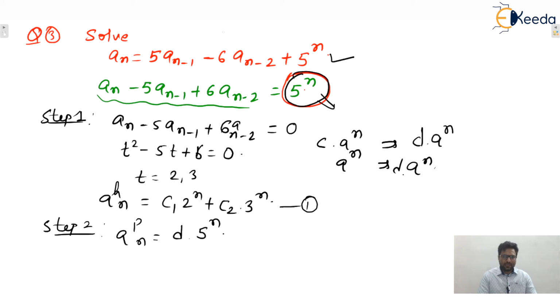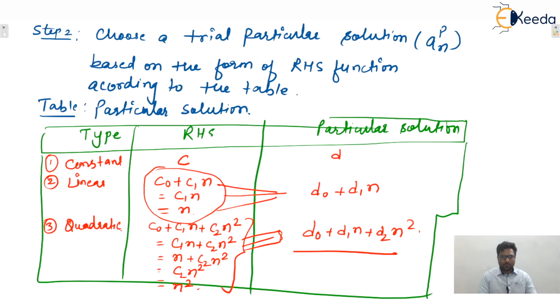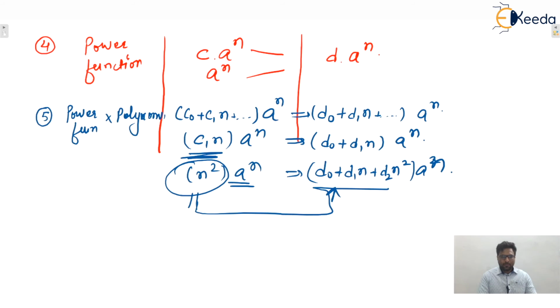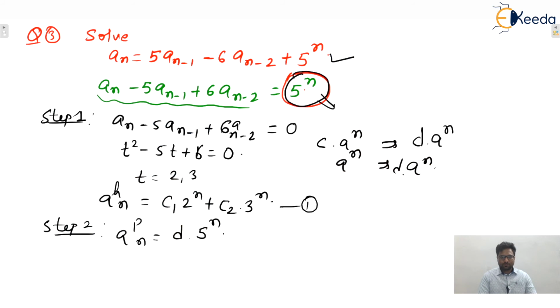We can see that in the table. For both of these, the particular solution is d into a raised to power n, isn't it? So from here, that will be your trial particular solution.